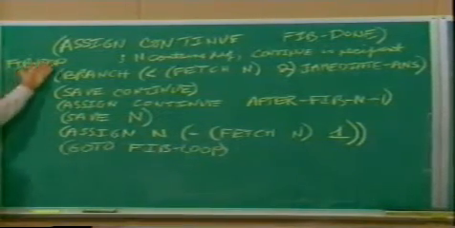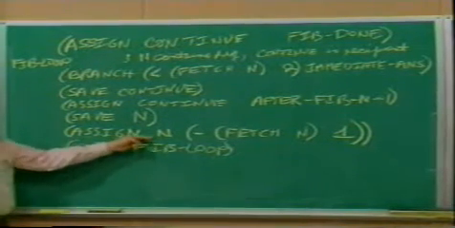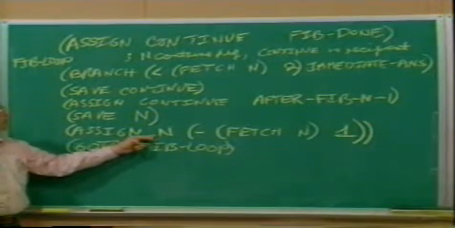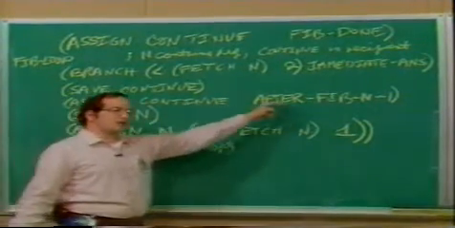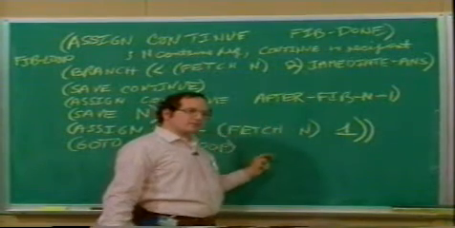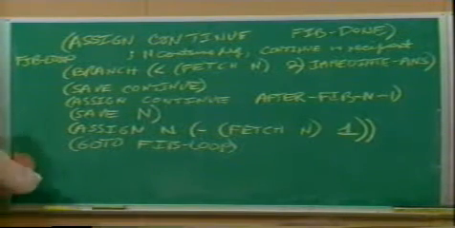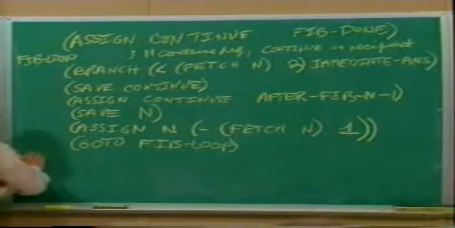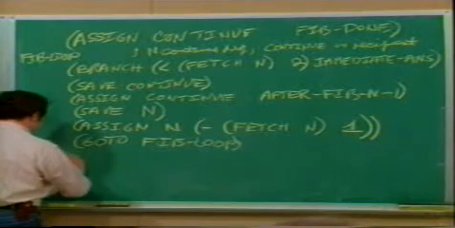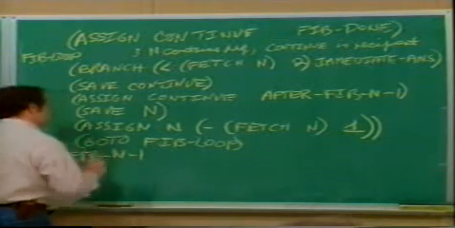Have I satisfied my contract? The answer is yes. n contains n minus 1, which is what I need. Continue contains a place I want to go to when I'm done with calculating fib of n minus 1. So I've satisfied the contract, and therefore I can write down here a tag, after label, after fib n minus 1.